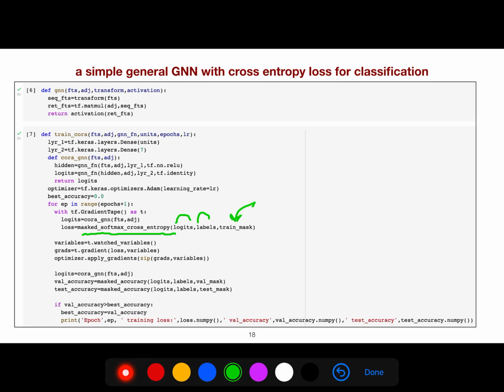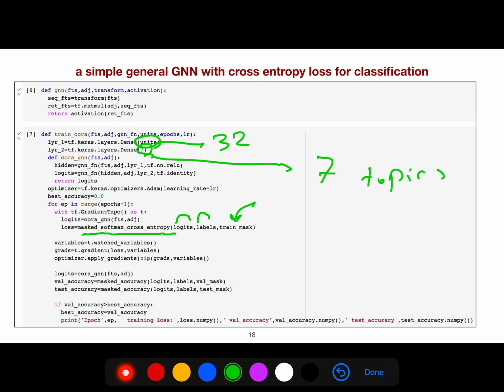And so we apply, for example, for layer 1, units could be 32 instead of lots of, for example, 1000 dimensions, so you can reduce the dimensionality to 32. And 7 here is just because you have 7 topics, the number of labels in this graph.